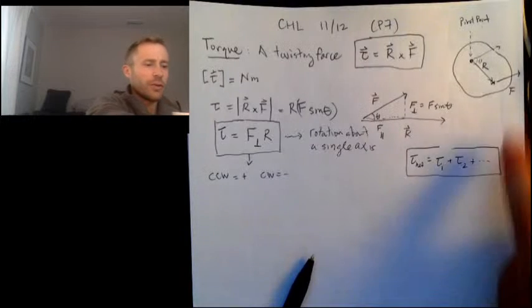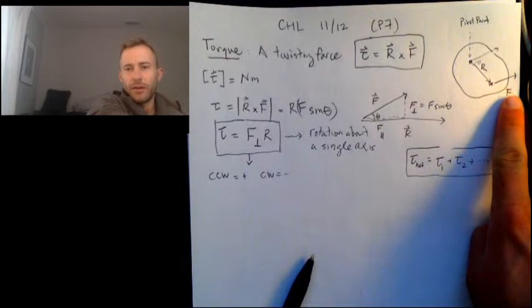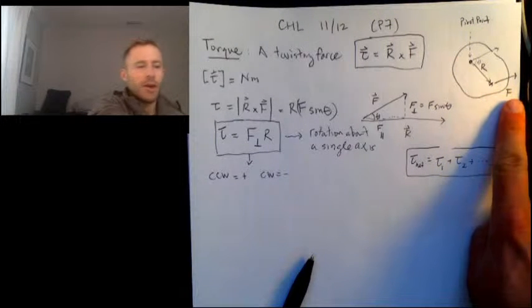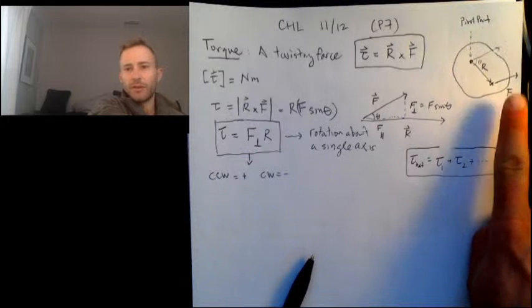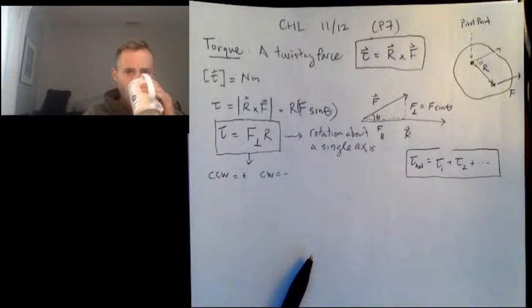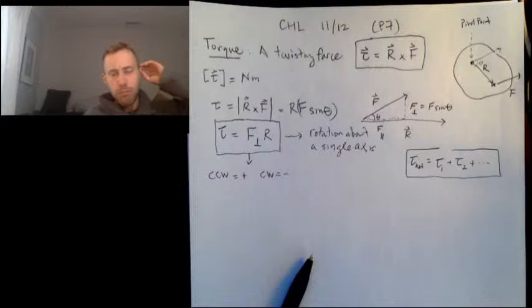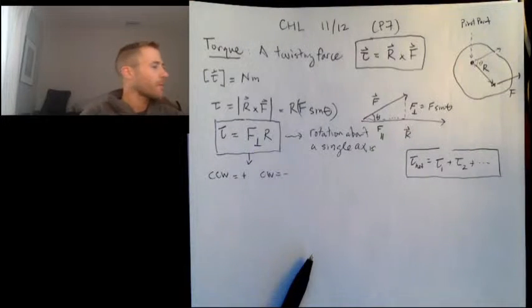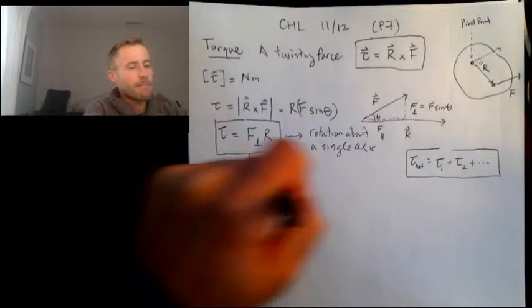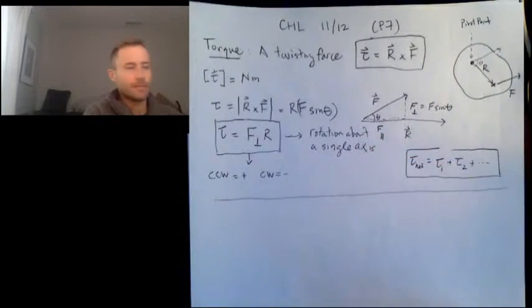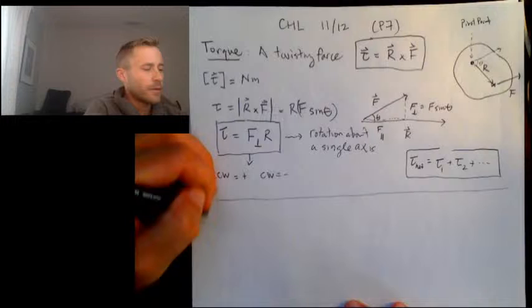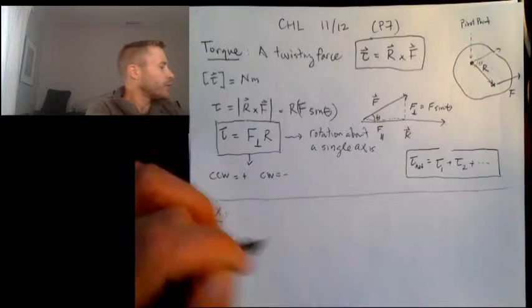So what about this force right here? What do you think? Type it into the chat if you think it's a positive torque or a negative torque. I'll wait. Okay. Get my example set up.